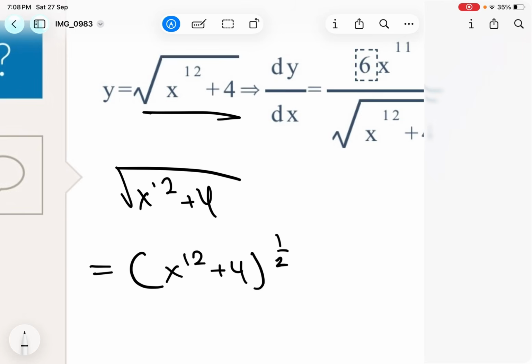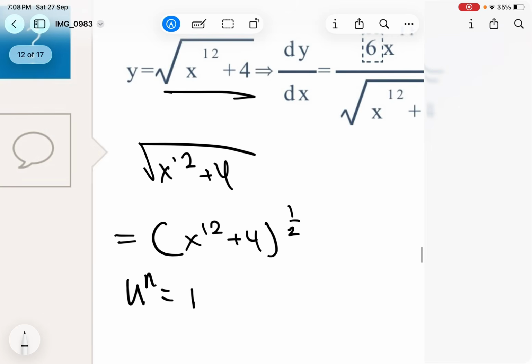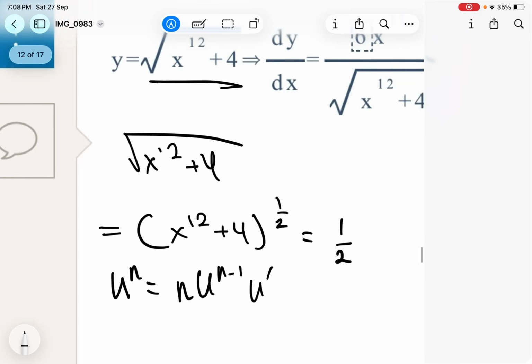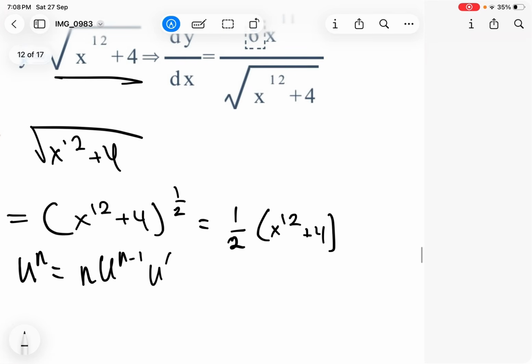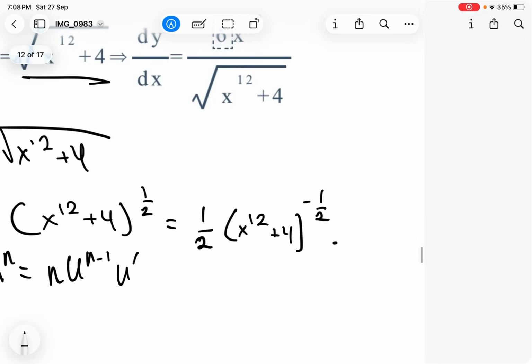Then you use the formula, u^n equals n times u^(n-1) times u prime, like as I said a million times before. So it will be equal to 1 over 2 times (x^12 plus 4) to the power of 1 over 2 minus 1, which is negative 1 over 2, times u prime, which is 12x^11.